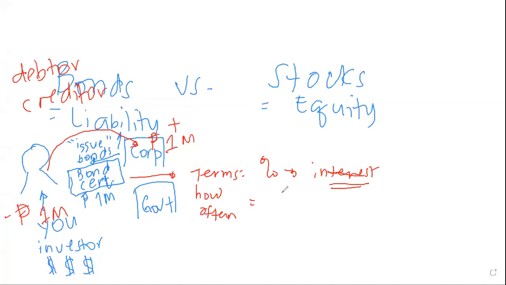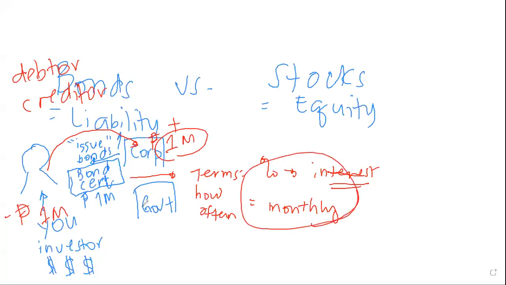So, for example, if monthly interest, kada month, si corporation mo-hatag nimo ug interest. Unya, after sa maturity date, kailangan ibalik niya nimo ang imong 1 million. So, you, as an investor, nabalik imong 1 million and at the same time, you were able to earn the monthly interest, right?